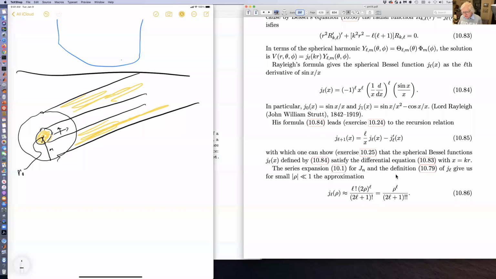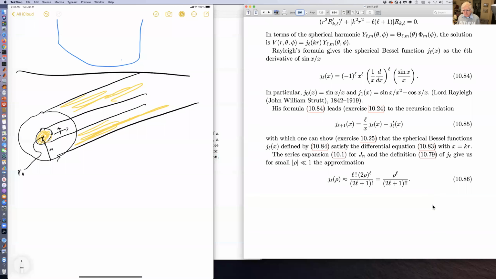The series expansion for J n and the definition of J L gives us for small rho this approximation, namely it's rho to the L over (2L plus 1) double factorial. So (2L plus 1) double factorial, of course, is 2L plus 1 times 2L minus 1 times 2L minus 3 and so forth.